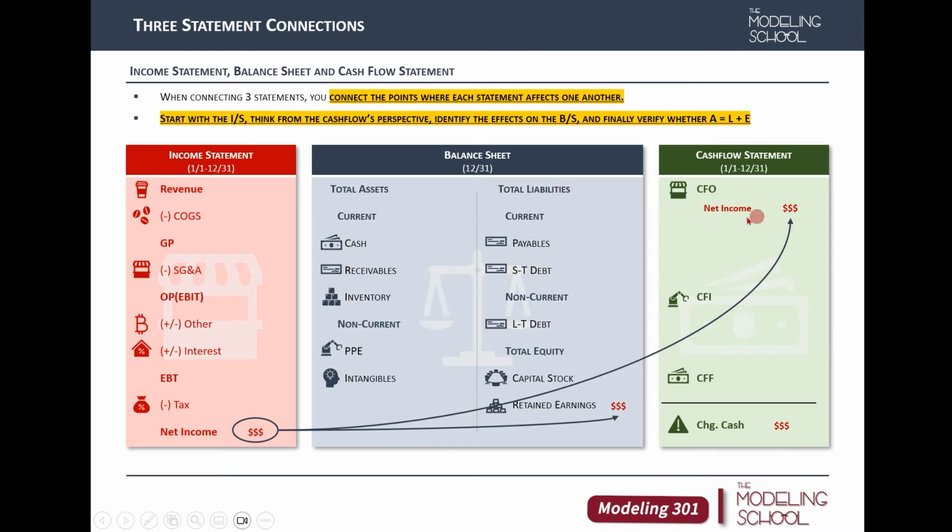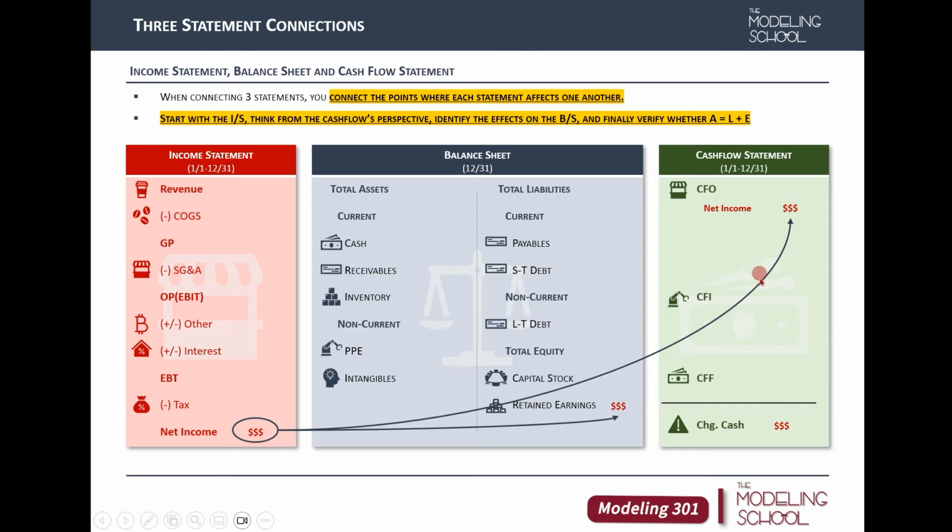Remember that the cash flow statement always makes adjustments. It explains why it started from net income and why it ended in the actual cash change number. You have to explain why this happens, why the difference.